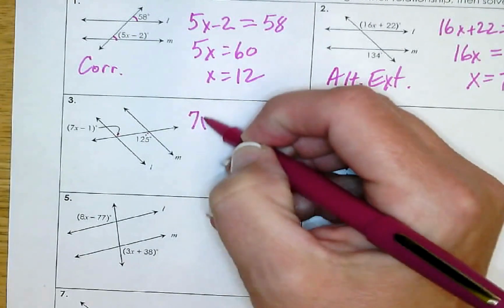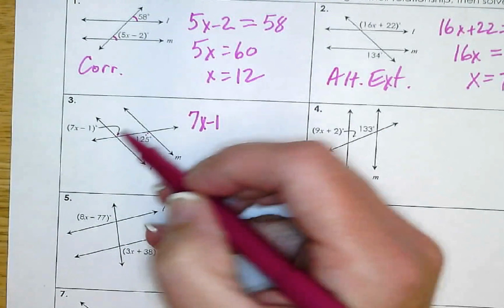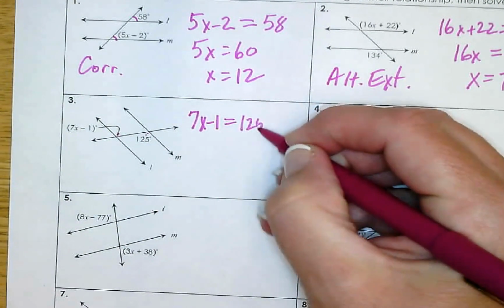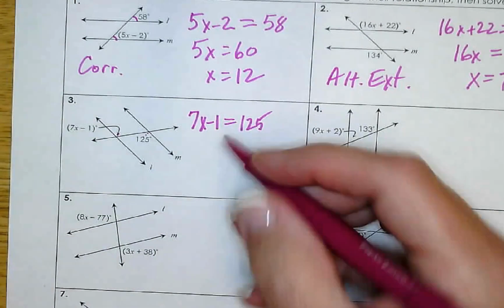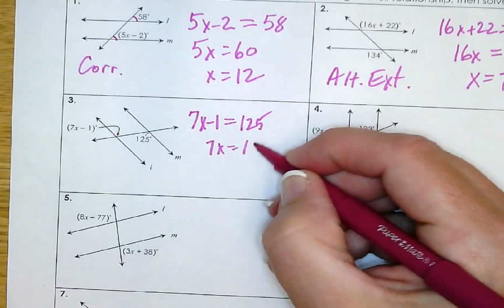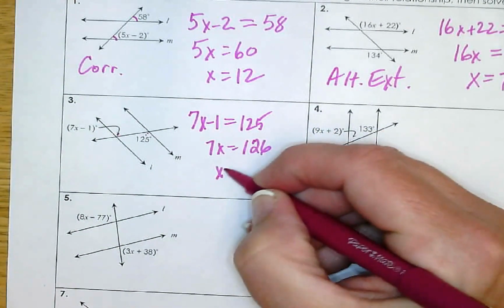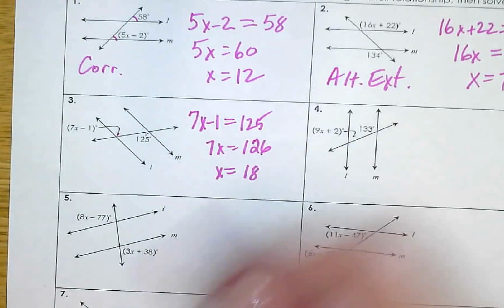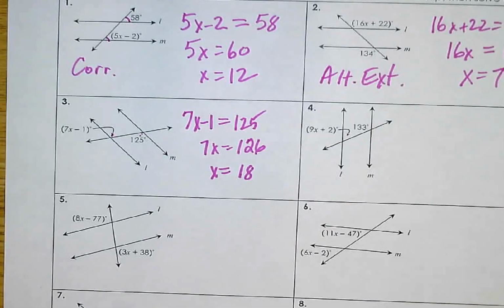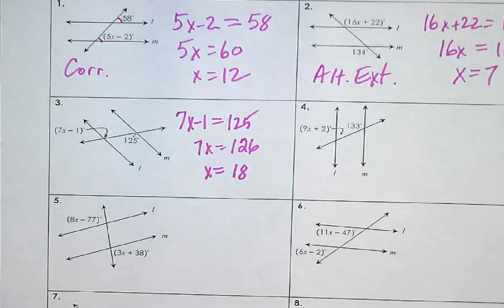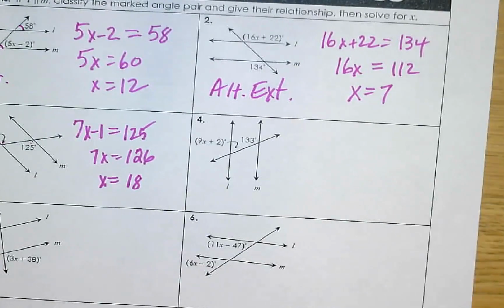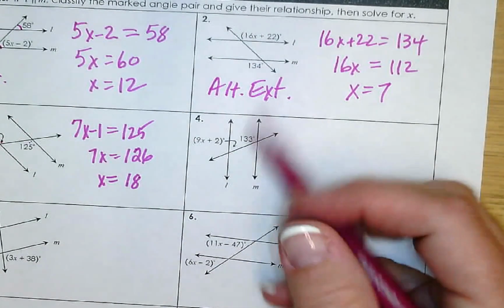So this expression, 7x minus 1, which is that angle, is going to equal 125. When you solve, you end up with x equals 18. Okay, so it's that same way every time. Let's try number 4, and then I'll let you do the rest here.